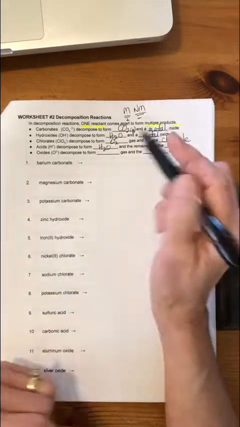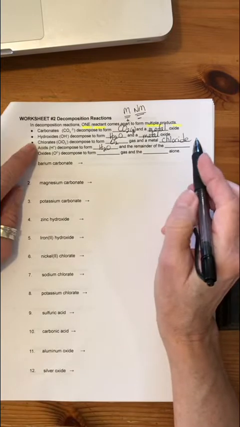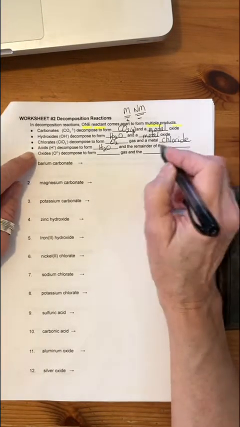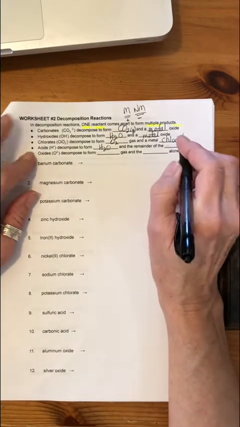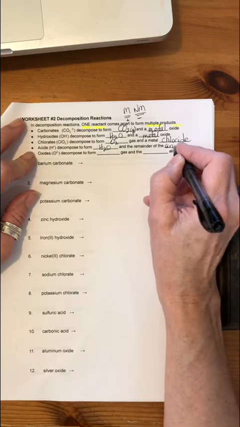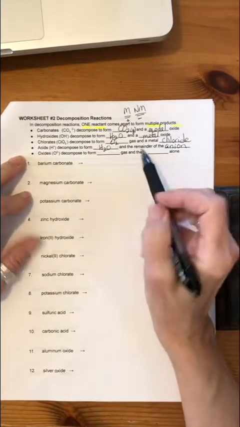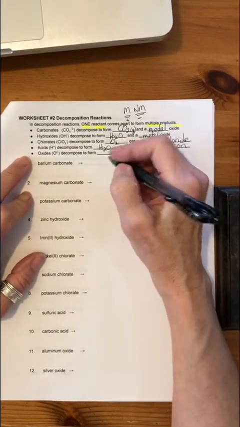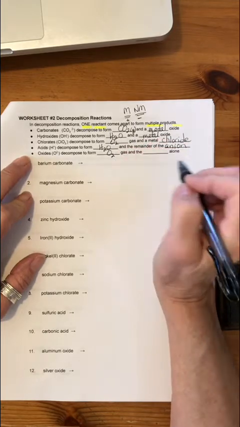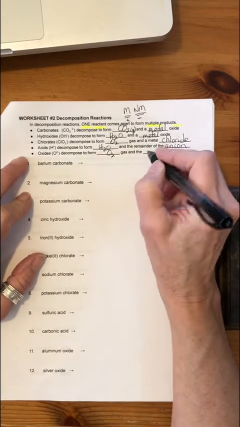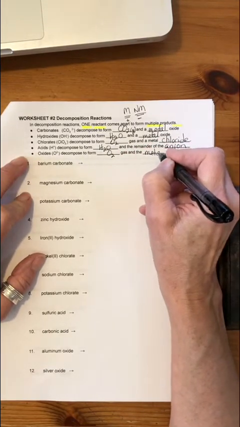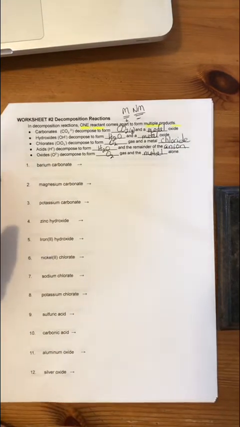And whatever's left over, whatever the hydrogen was attached to make the acid, the remainder of the polyatomic ion, the anion, is going to get its own little self. Again, I'll try and show you an example of that. Oxides are going to decompose, like I mentioned a little bit ago, into oxygen gas, and then typically the metal is left alone by itself, but not always.